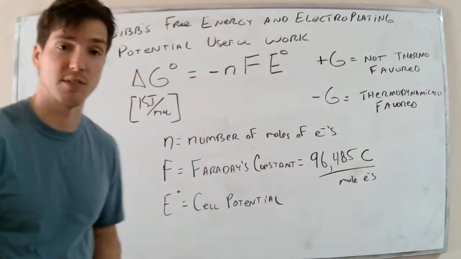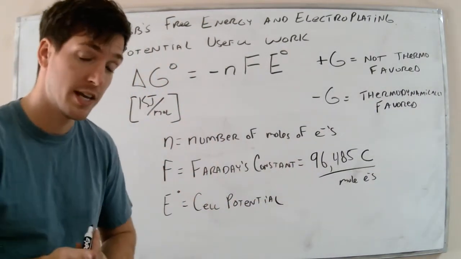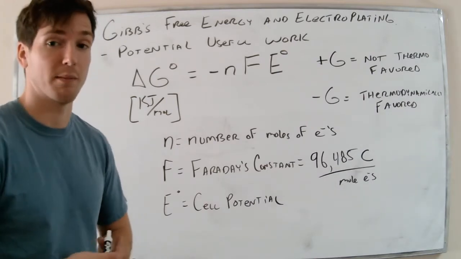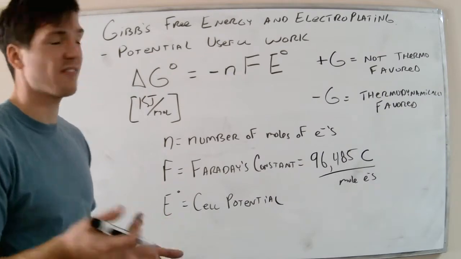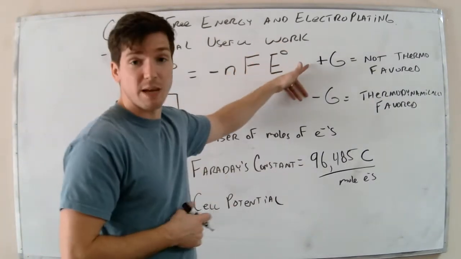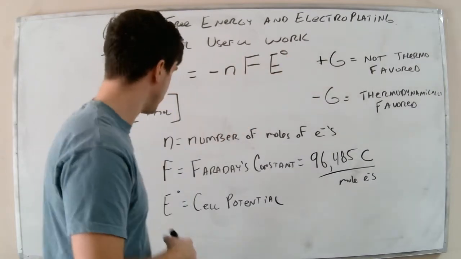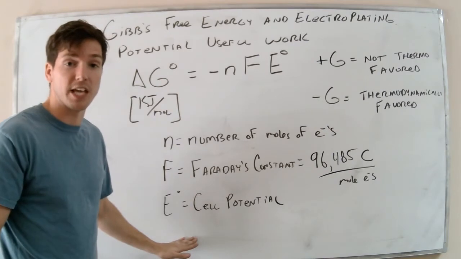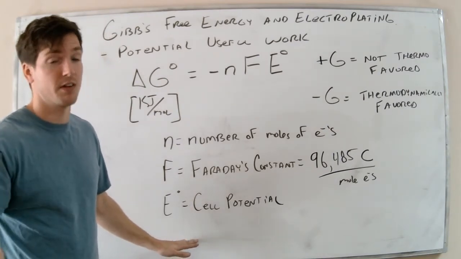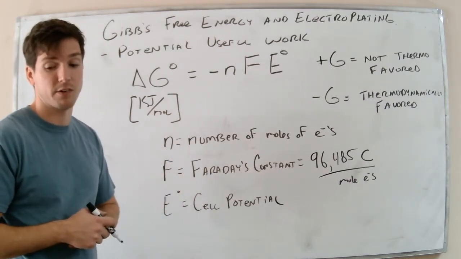So they're just opposite, right? It's almost the same as delta H. When delta H is negative, it's thermodynamically favored. When delta G is negative, it's thermodynamically favored. When it's positive, it's not spontaneous or not thermodynamically favored. So it works the same as H: negative, thermodynamically favored; positive, not. It's the opposite of cell potential, which when positive, is thermodynamically favored. When it is negative, it is not spontaneous or not thermodynamically favored.